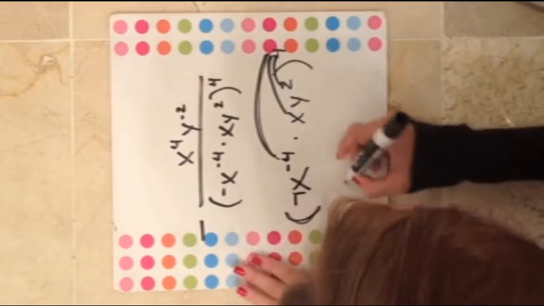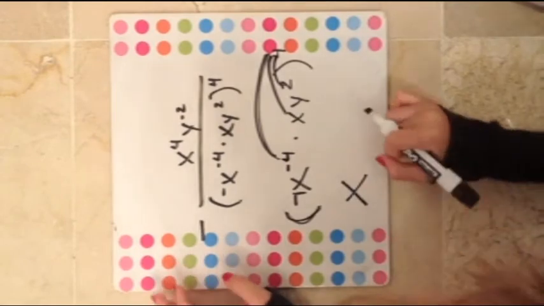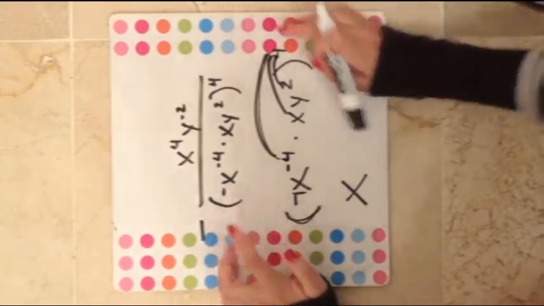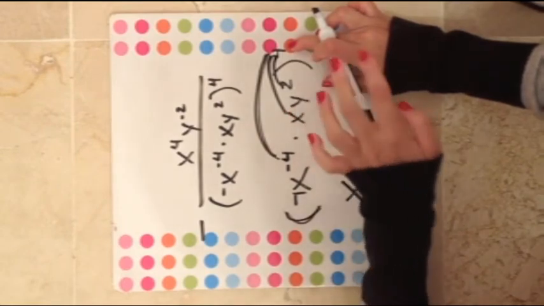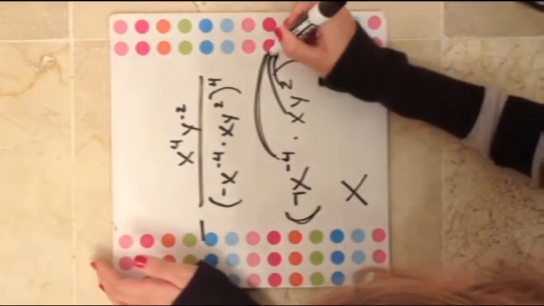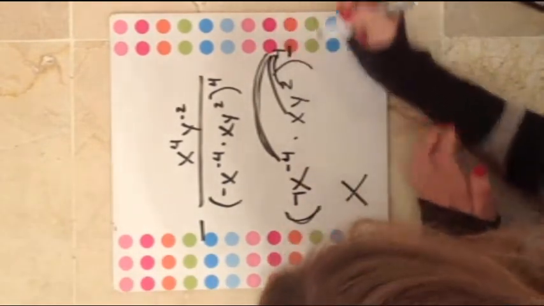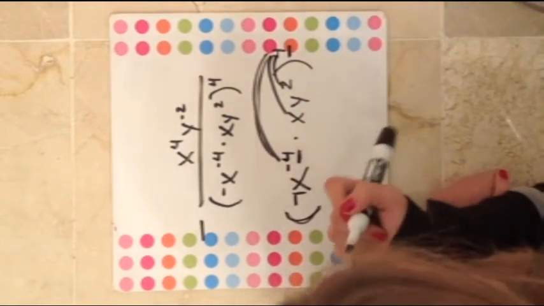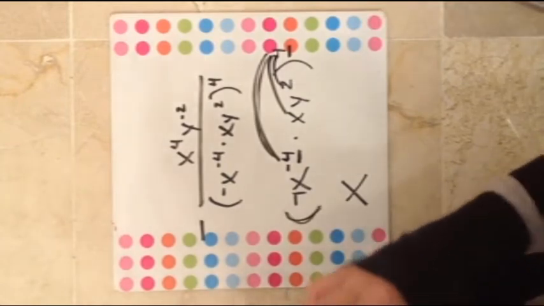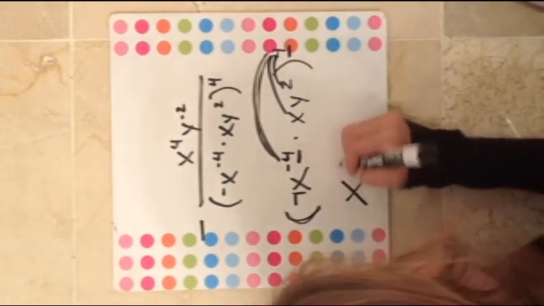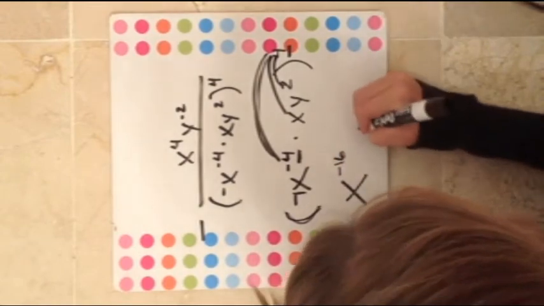So what you do is you just rewrite the x. Okay. You rewrite the x. Now, to distribute the 4 to all these exponents, what you do is you just multiply them. So that means it's 4 times negative 4, which is negative 16. So you just write negative 16 here.